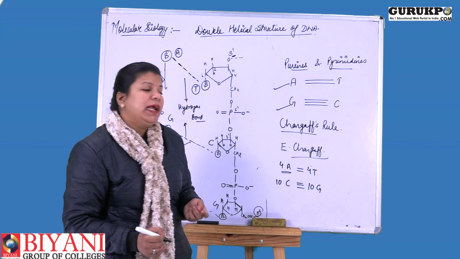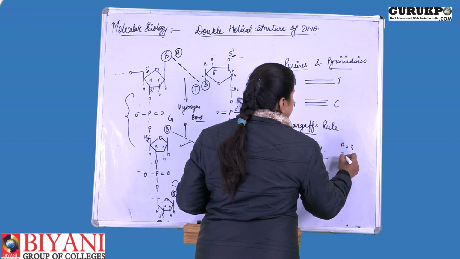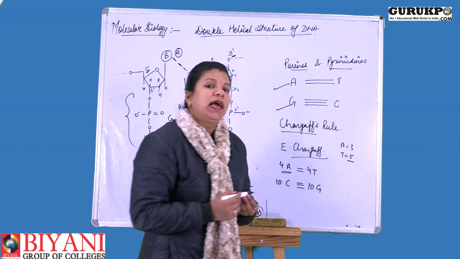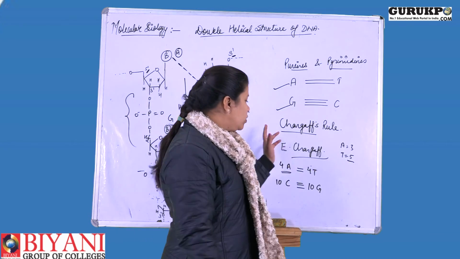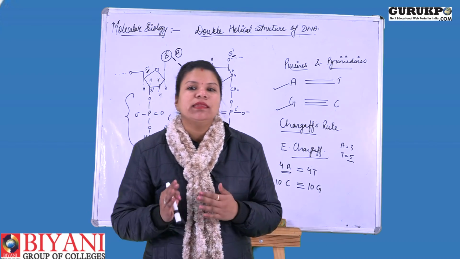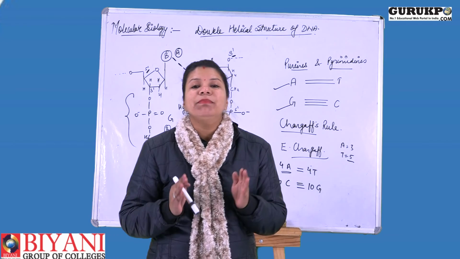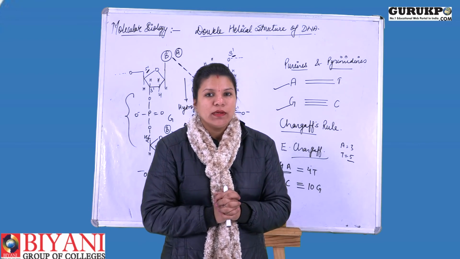It is not like that if I reduce the number of adenine to 3 and the thymine to 5, then the DNA will have a more stabilized structure. It is not like that. So simply the rule is that there should be equal proportion of both the purines and the pyrimidines so that a completely stable structure of the DNA can be formed, right?